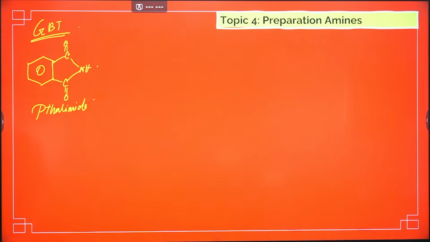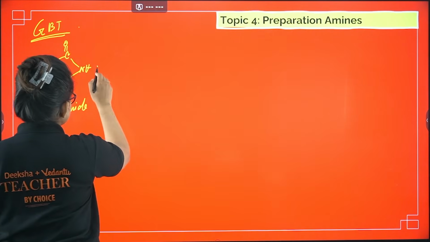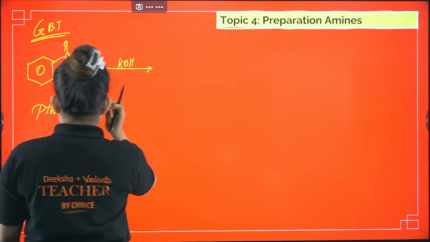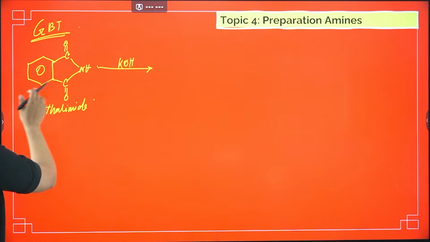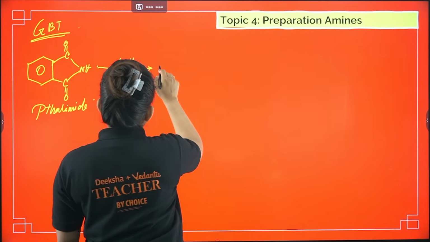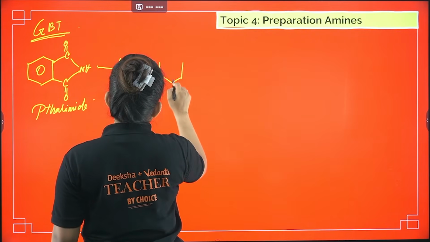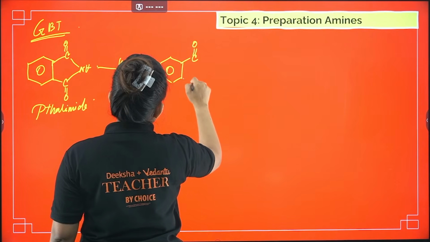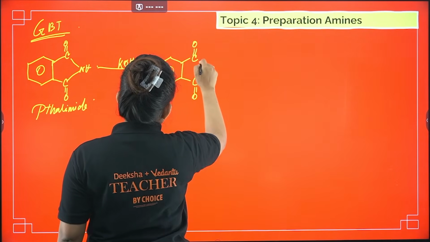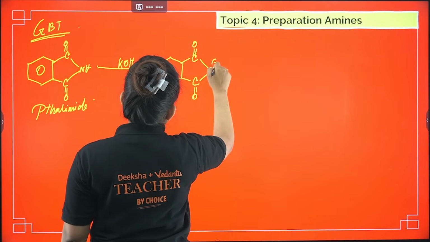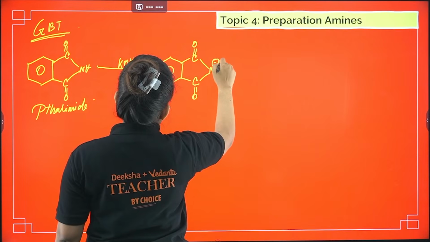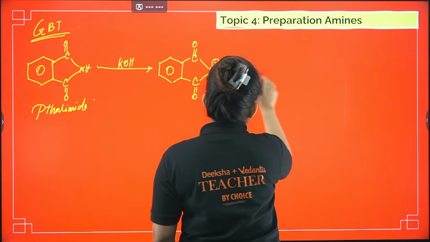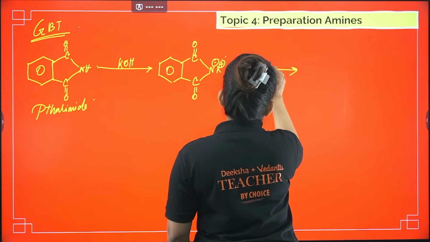Okay, then treat this thing with KOH. So once you are treating this thing with KOH, it will undergo acid-base reaction. As a result of this, you will get this type of thing. Then we will treat this with alkyl halide, RX.